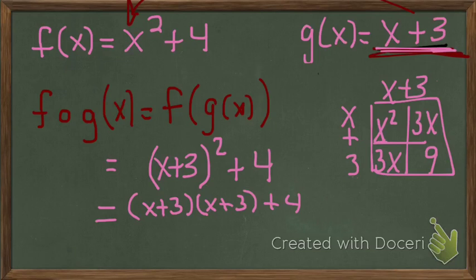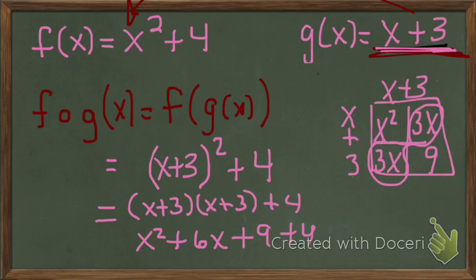Combine any like terms. These diagonal ones are alike. The 9 and the 4 will go together. So this will leave us with x squared plus 6x plus 13. So this is composition.